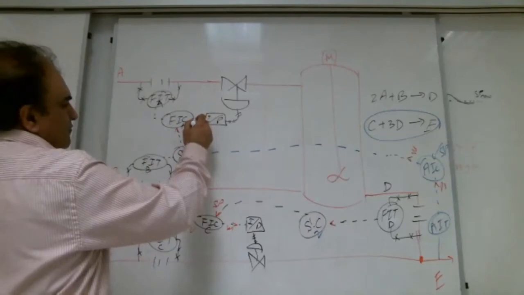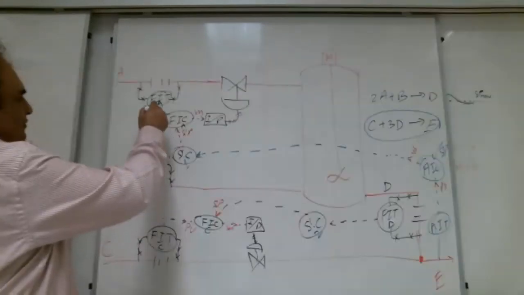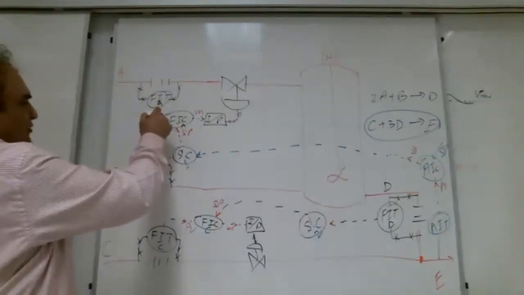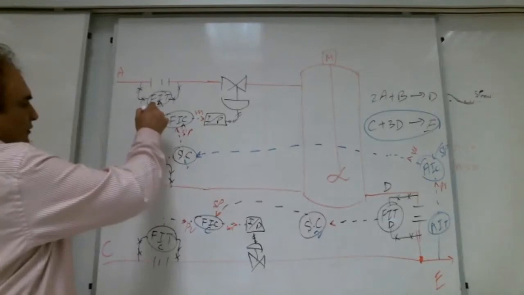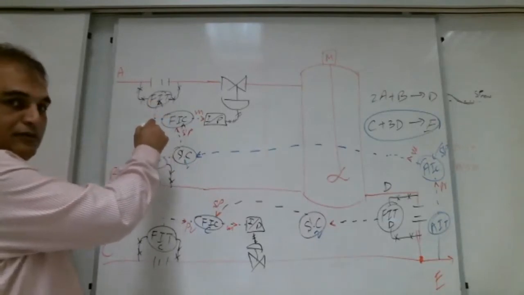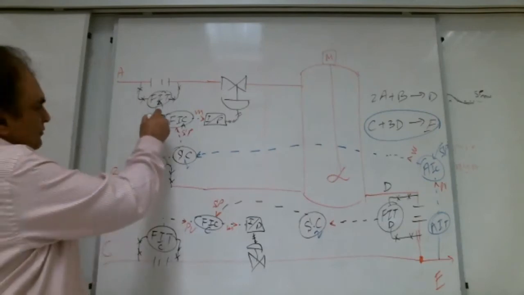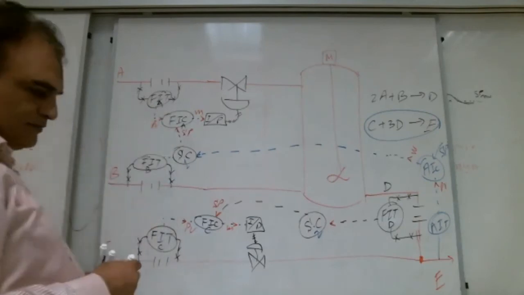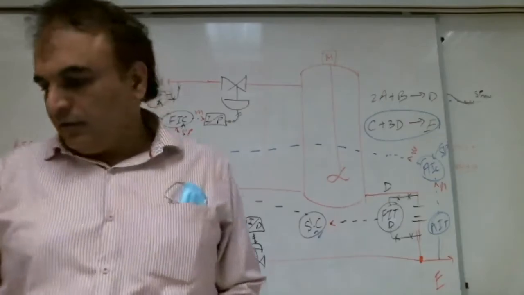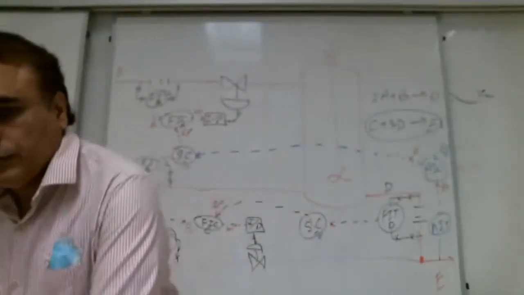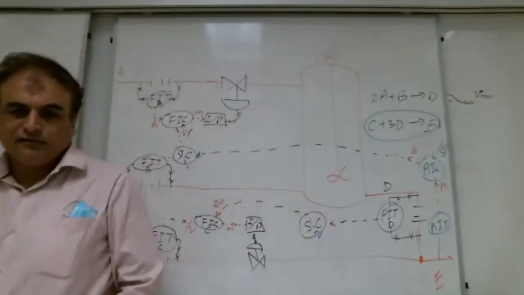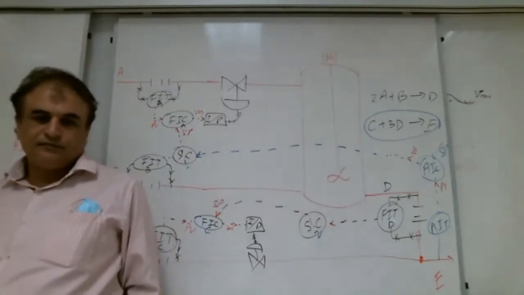M, output. That's good. What is this, Shabab? Up or down? Down. PV. Very good. Down, like this. Any question up to here?